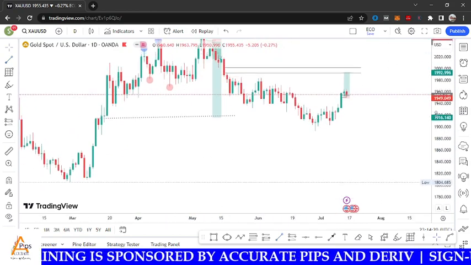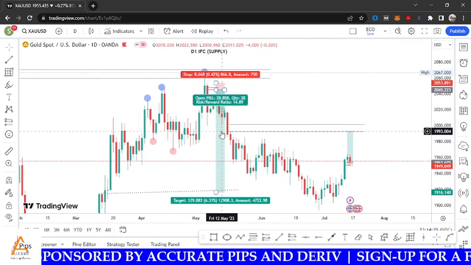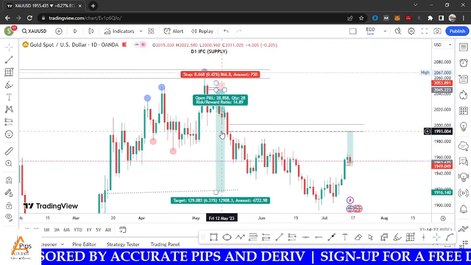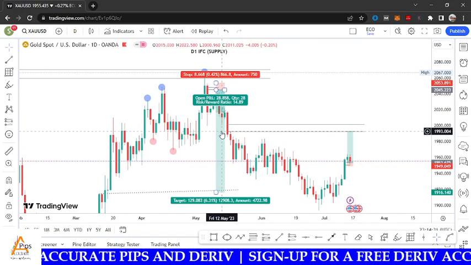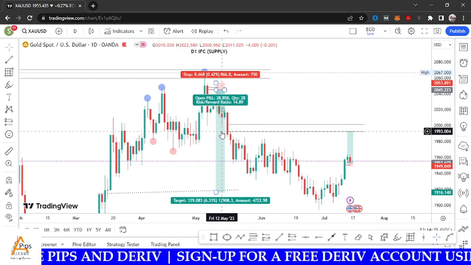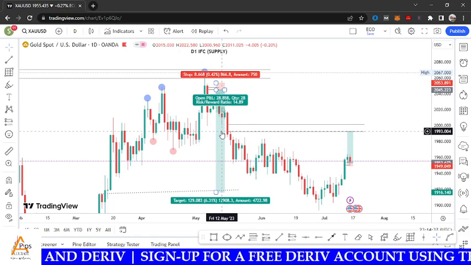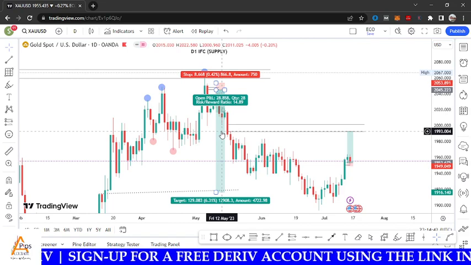Now, if we check the risk to reward ratio, you can see that this is 1:14. So you are risking 1, and you are looking to make 14 times what you are risking.